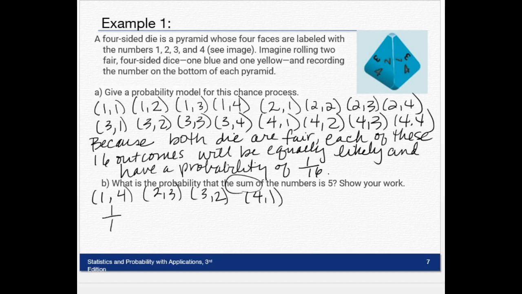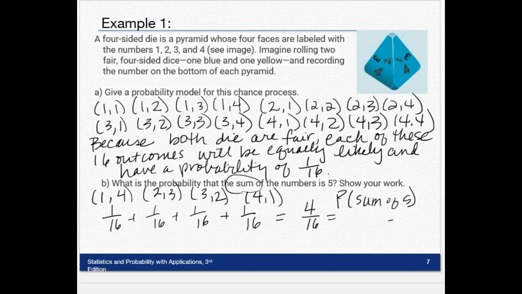So it's 1 out of 16, plus 1 out of 16, plus 1 out of 16, plus 1 out of 16. Okay? So we can just add these up. That gives us 4 out of 16. If we reduce that, which we always reduce it, it'd be 1 out of 4. So we write our answer as the probability of the sum of 5 equals 1 out of 4. All right? So probability model means you list all outcomes and their probabilities.